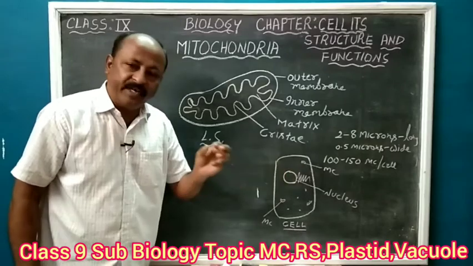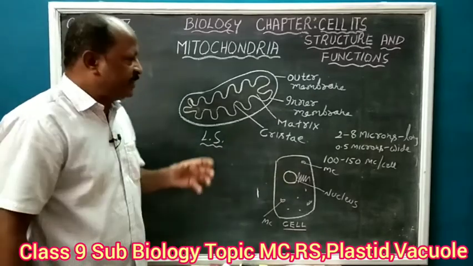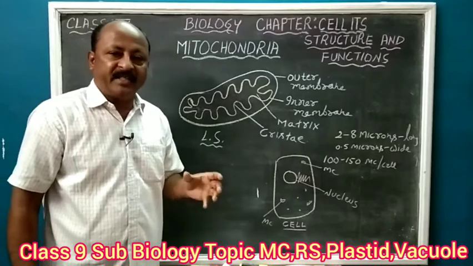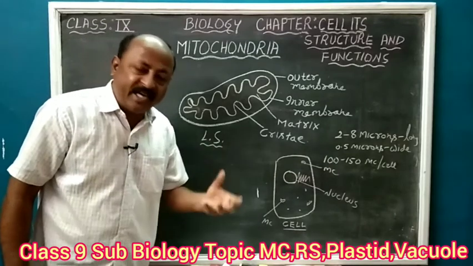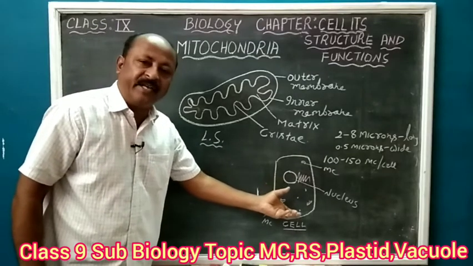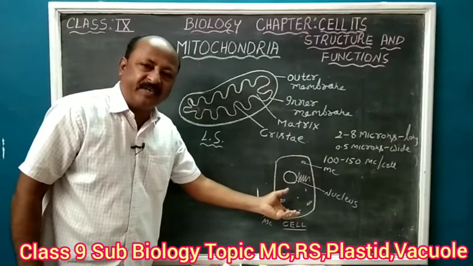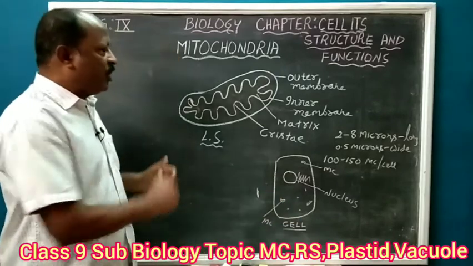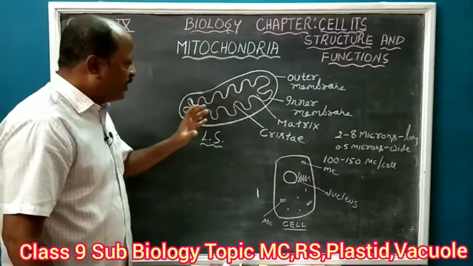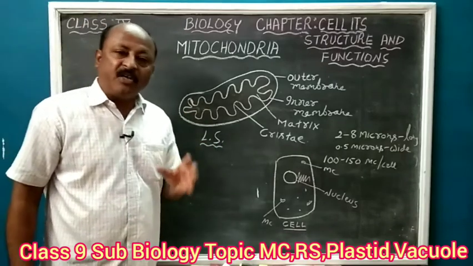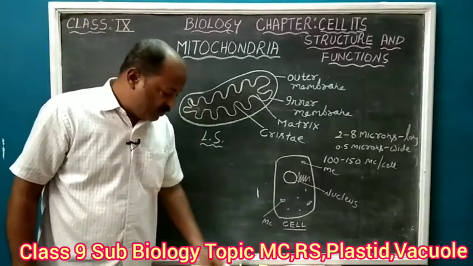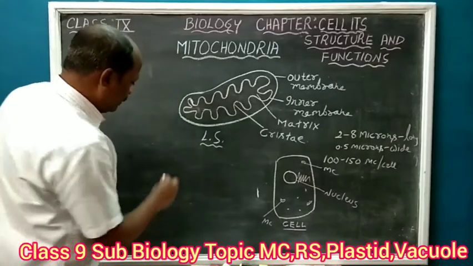Even though it's a very small structure, it is very important as it provides the energy for the cell for various biochemical activities. So when we talk about the function of the mitochondria, this mitochondria is a place for cellular respiration.